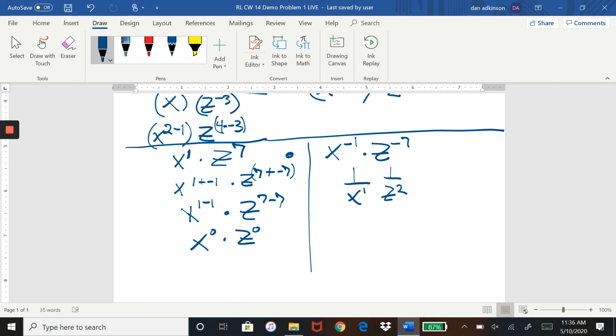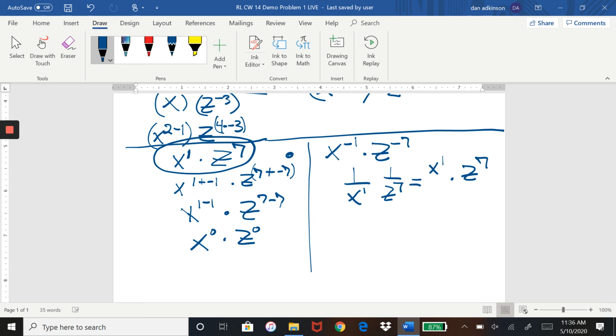And we're going to multiply that by this expression over here, which is x to the first power times z to the 7th power. I said z to the second there, I meant 7th.